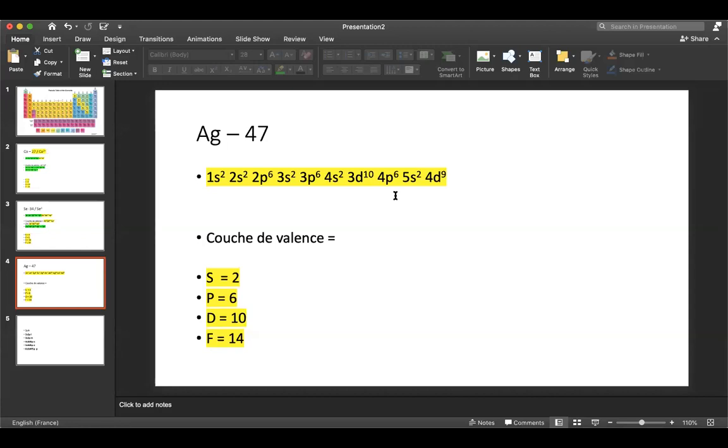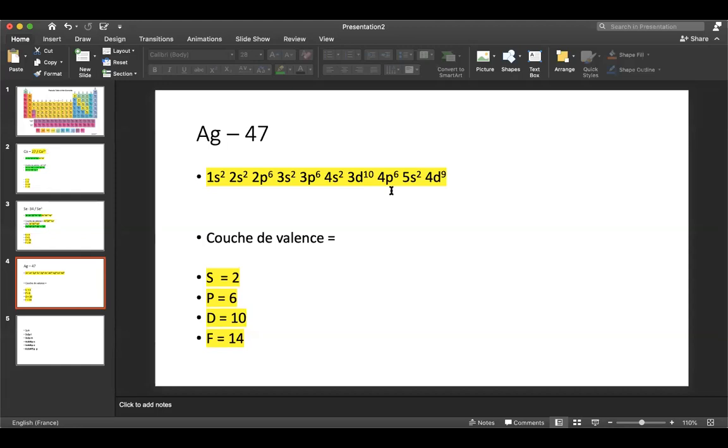Mutale, which one is a couche de valence? Mutale is the only one that is saying the couche de valence. It's the 5S 4D. Starting from this one, we have 1, 2, 3.